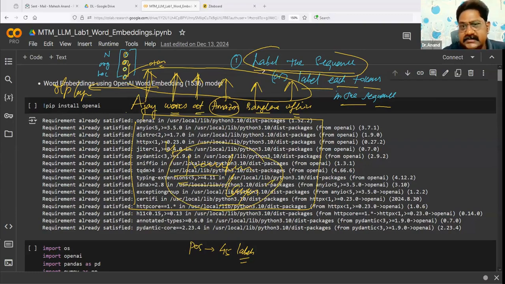Whereas to label the entire sequence, I don't connect each and every token to the output side. There will be only one connection with the output side. Think over which token that connection will be taken from.